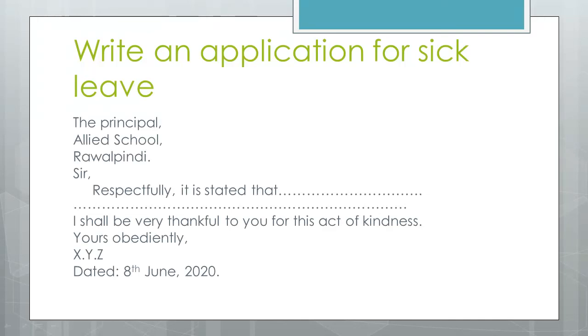Then we will state our problem. We will start with respectfully. We will put a comma. Then it is stated that you will write about your sickness, your problem. You are going to write it yourself. I am leaving this section for you.